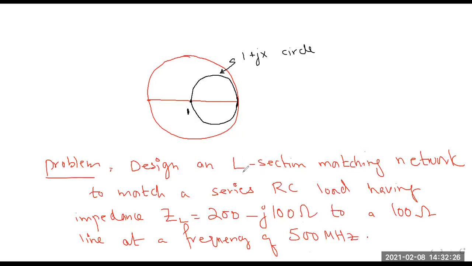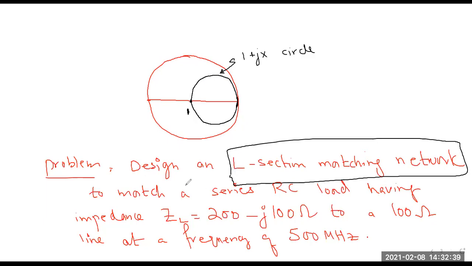We will solve this example with the help of the Smith chart method. Our goal is to design an L section matching network, and the load is given to us as ZL, which is clearly an RC load, resistance plus capacitance. ZL is 200 minus j100 ohm, and we are going to connect this load to a 100 ohm line.